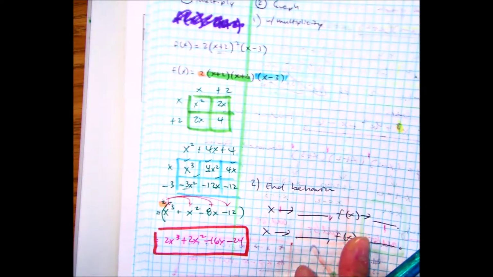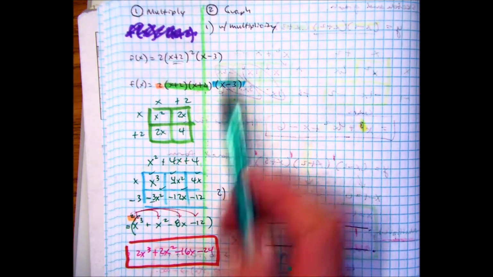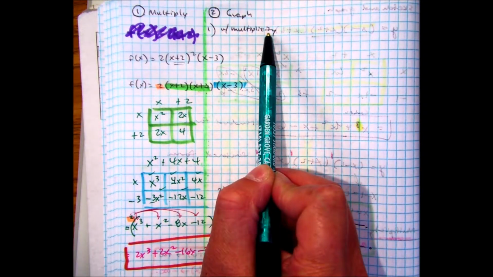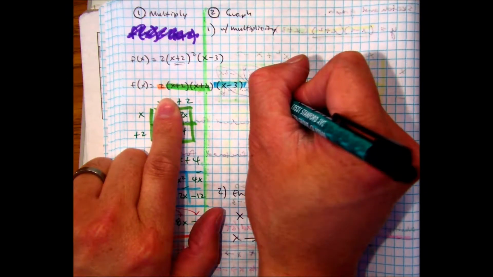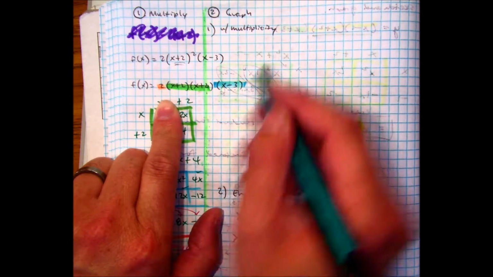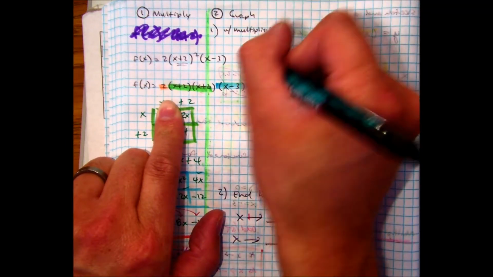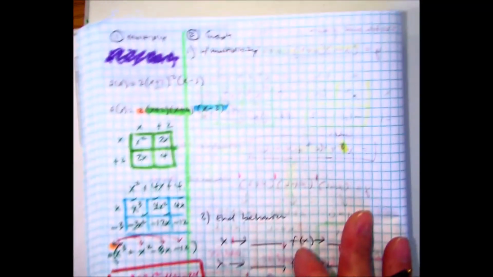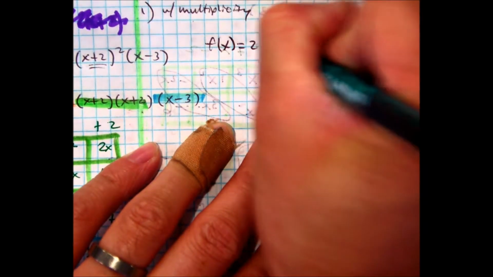Alright, let's go ahead and practice something else that we've done. Is now graphing this with multiplicity. So for each of these, I'm going to set each of these equal to 0. So let's rewrite it. F of x equals 2 times x plus 2.